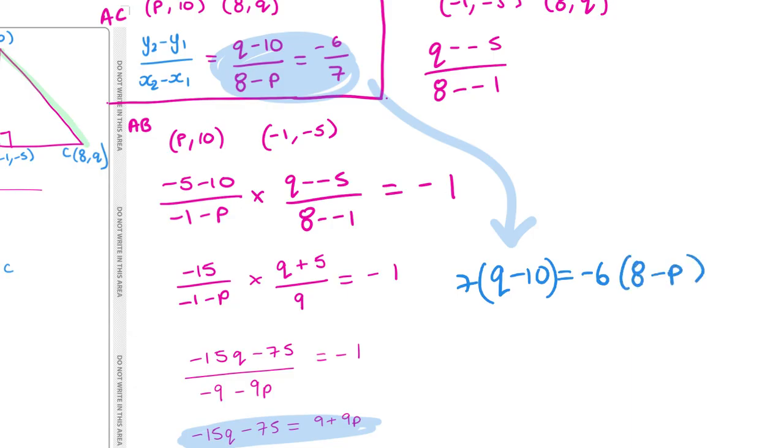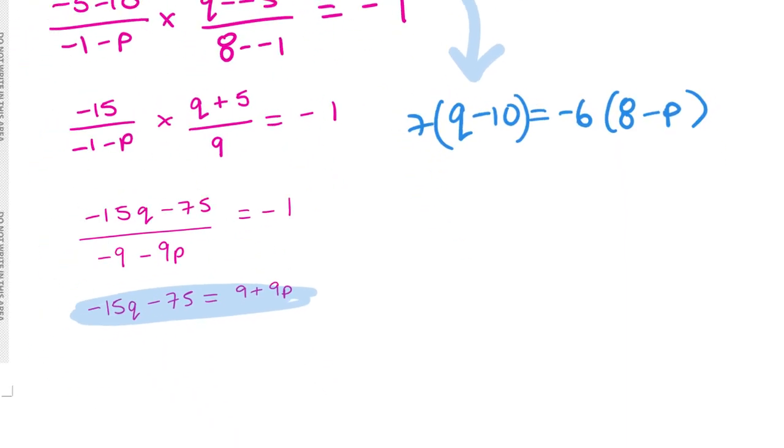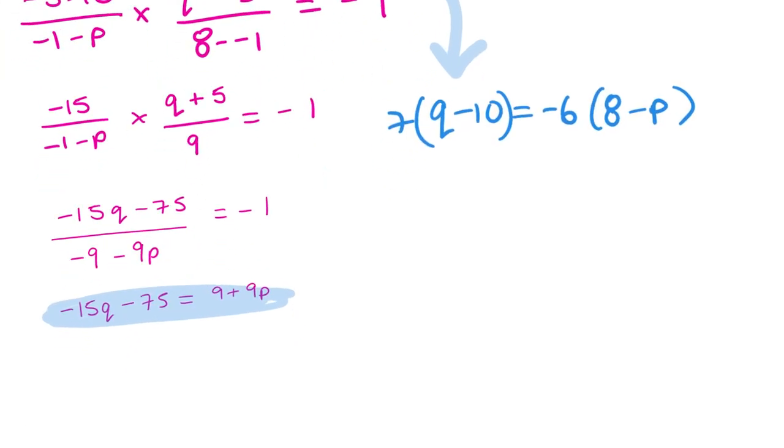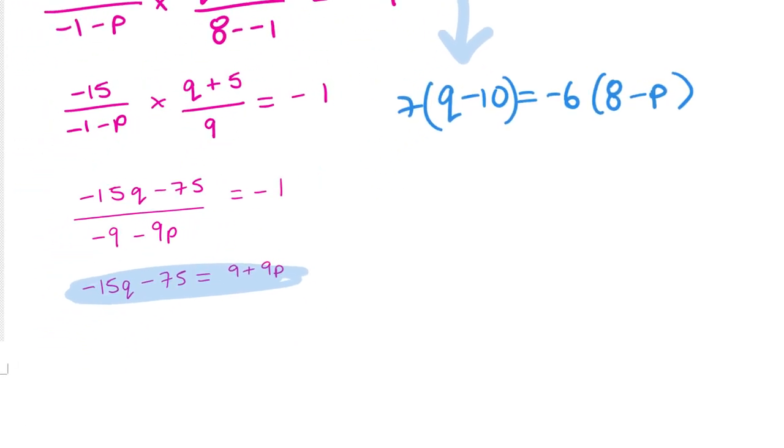Yeah? There's all sorts of different ways we can do this now. So I'm just going to multiply this out on both sides. So this one is going to be minus 15q minus 9p equals 84.